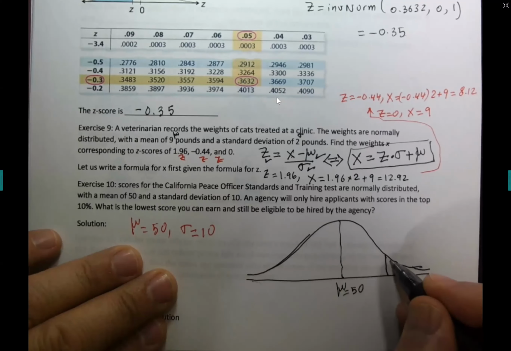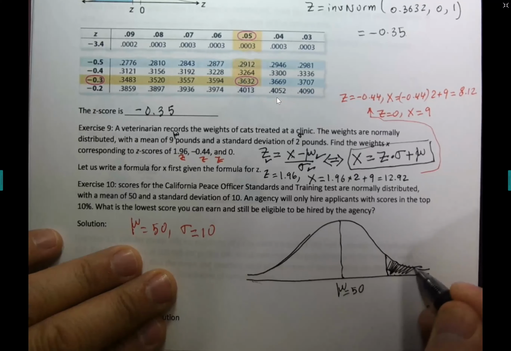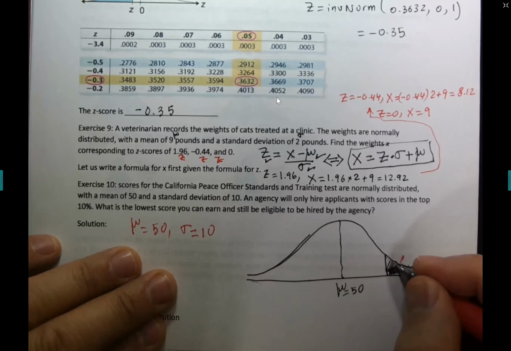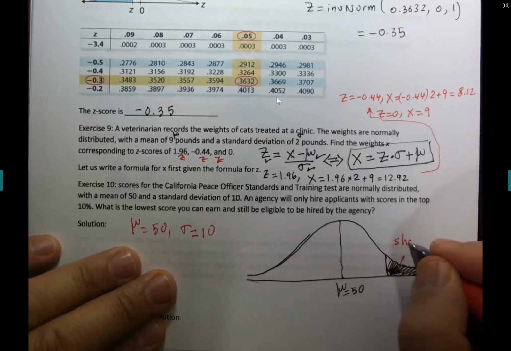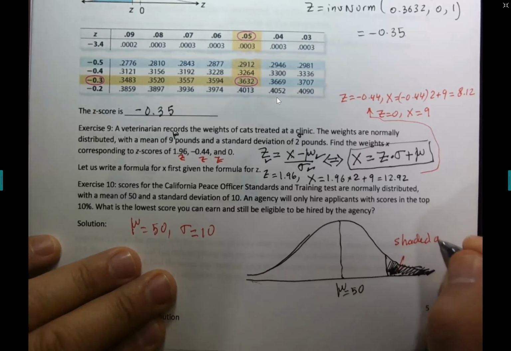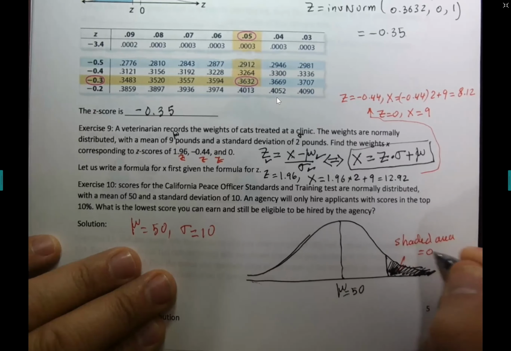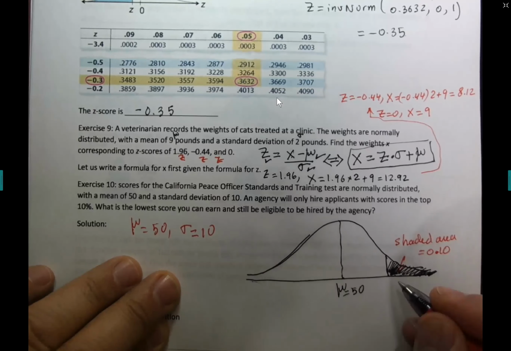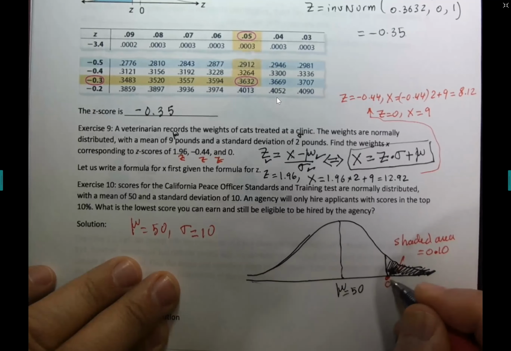And let me show you what we're asking for. So you shade here. This is your area. This shaded area is 10%. 10% means 0.10. And look, guys, what he wants. He wants what would be the score of a person here.